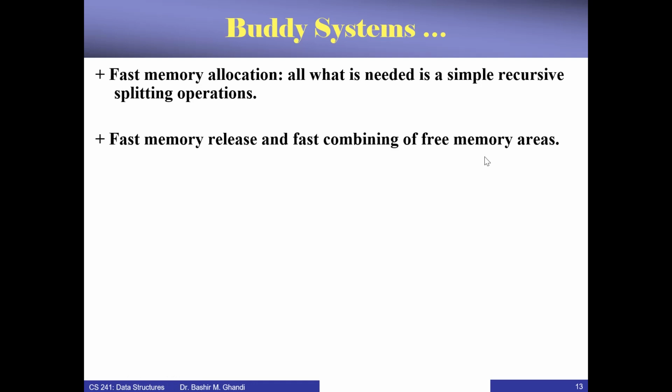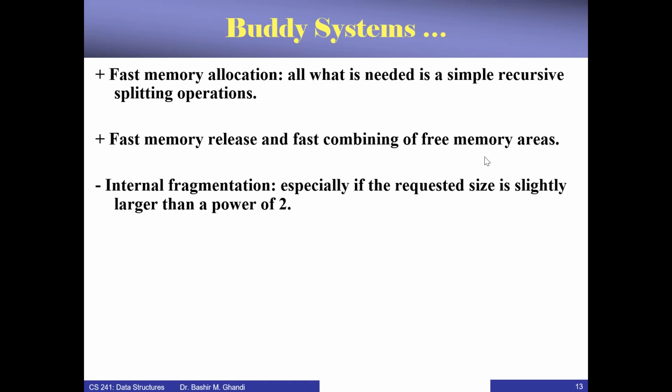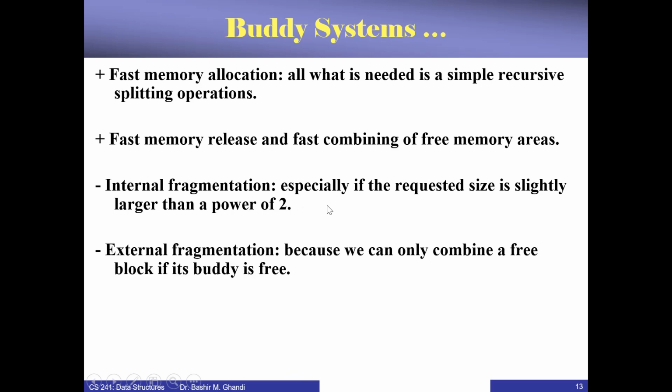But there are disadvantages, as we already observed. There is a huge internal fragmentation, especially if the requested size is slightly larger than a power of 2. Just slightly larger, then we have to take the next power of 2, which may be almost double what is requested. There is also external fragmentation, because we can only combine a free block if its buddy is also free.